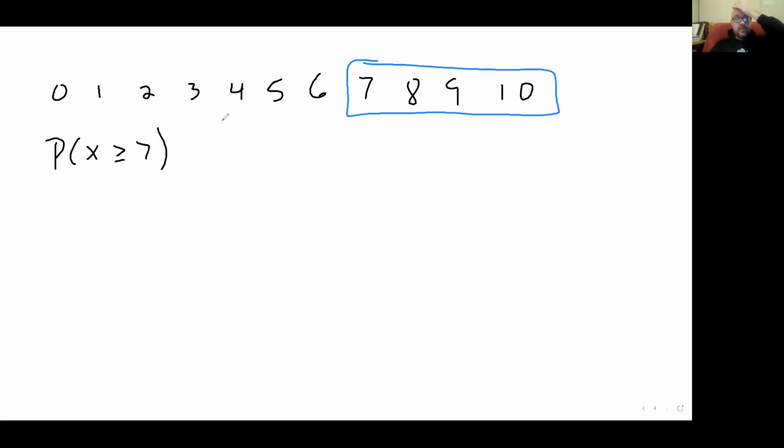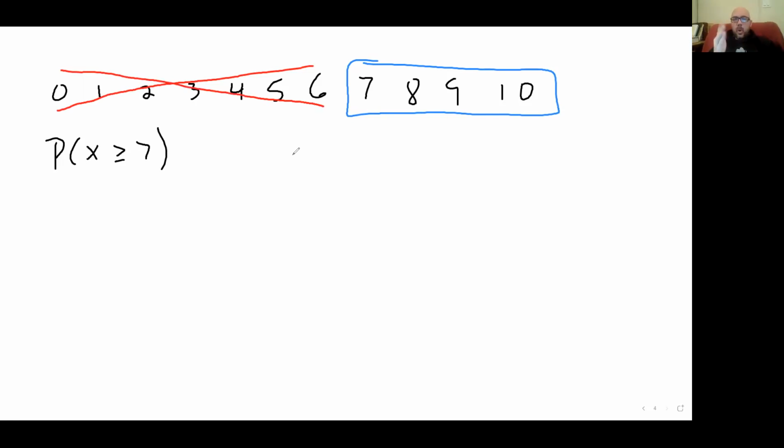So what I want to do is 1 minus CDF of 6, because your calculator only does less than or equal to, right? That's what CDF does. So I want to not include 0 through 6.